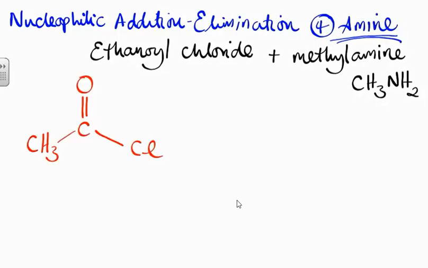So there's ethanoyl chloride. Let's draw in our methylamine again with the nitrogen as the focus. So it's going to be bonded to two hydrogens as well as the CH3. Let's pop those on. And don't forget we need the lone pair.